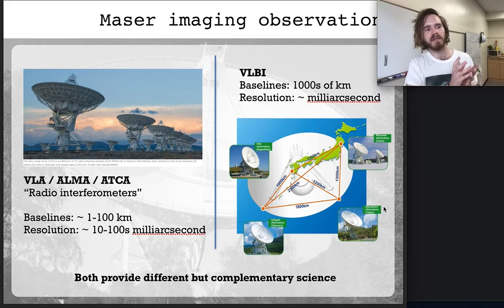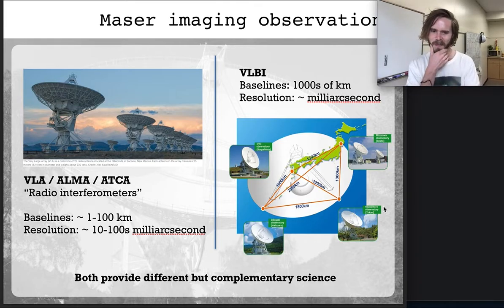So the two approaches that you can really take are the lower angular resolution observations and the higher angular resolution observations, and these are represented by telescopes like the Very Large Array, which is the one from the movie Contact, ALMA, the Atacama Large Millimeter Array, which is the absolute best millimeter array that humans have made so far, and the ATCA, the Australia Telescope Compact Array.